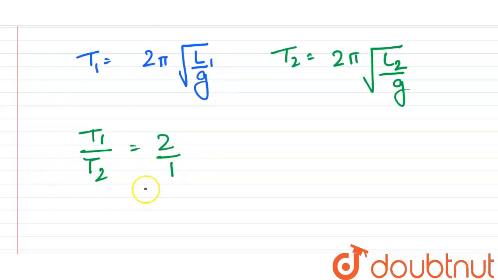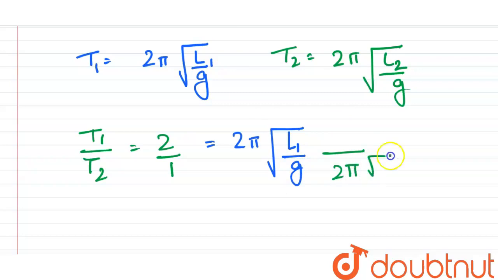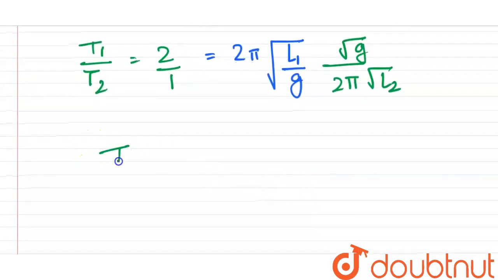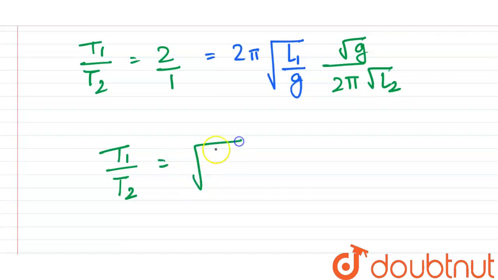So from here we can write T1 is 2 pi under root L1 upon G and T2 is 2 pi under root L2 upon G. Alright, so from here we can see that T1 upon T2 is equal to under root L1 upon L2, as all the other factors will get cancelled out.